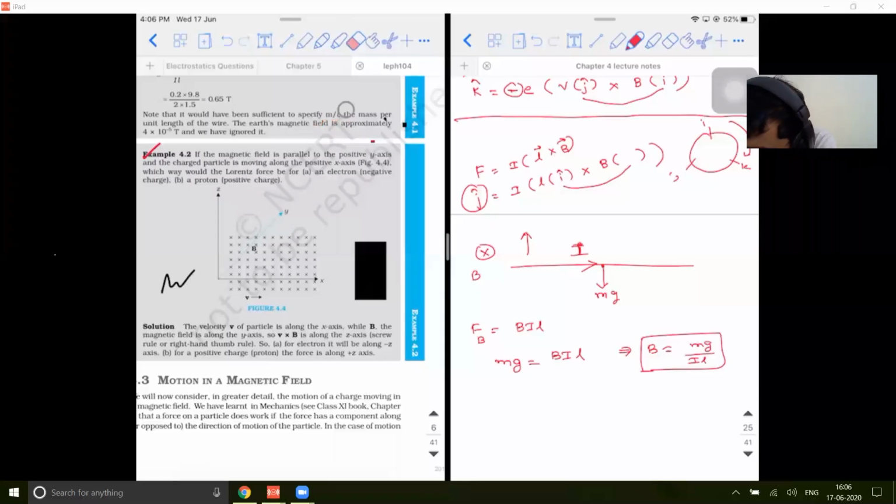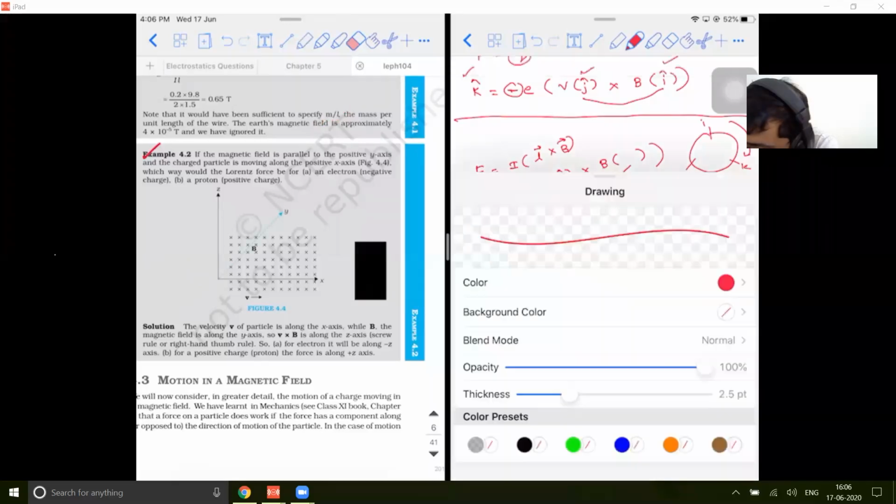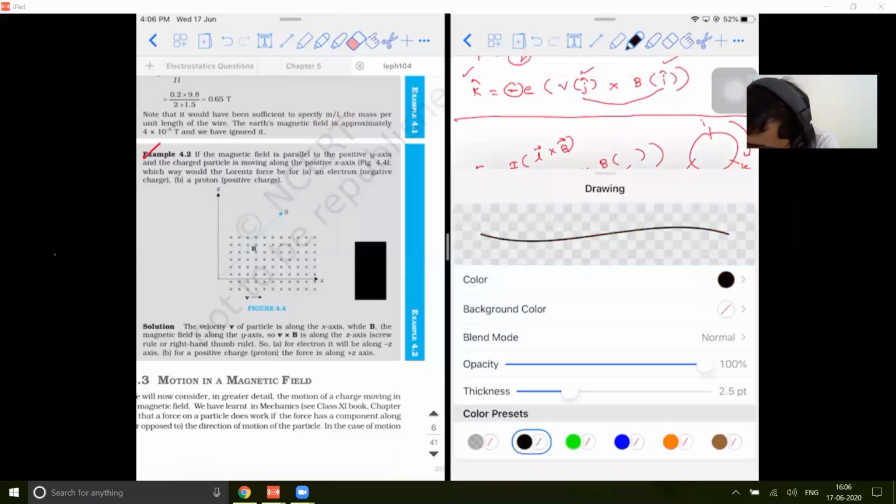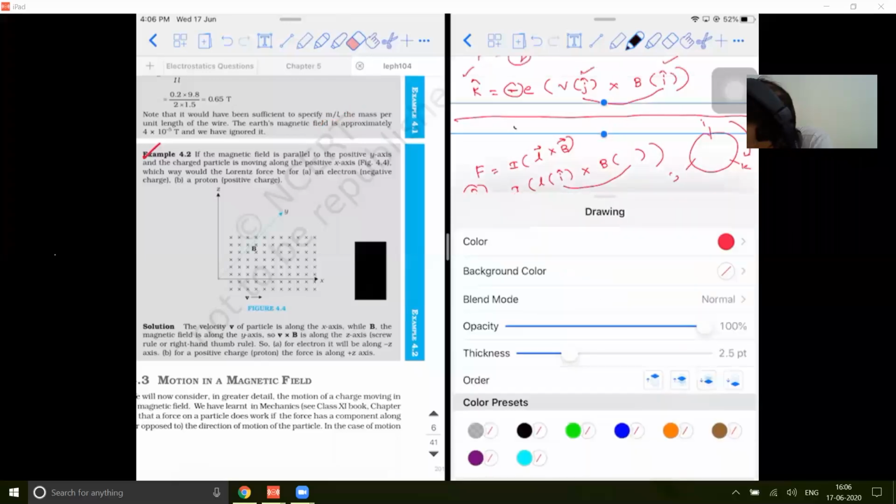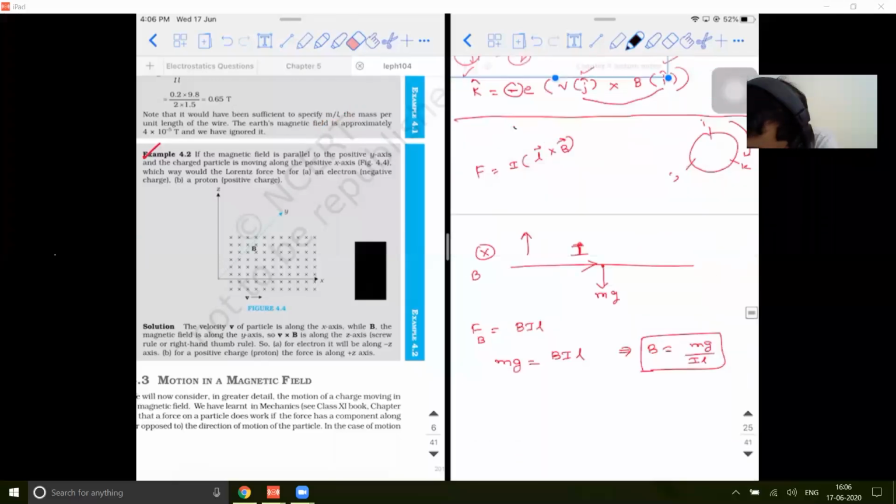Okay, can you tell me what example 4.2 means? Can someone solve and tell me?